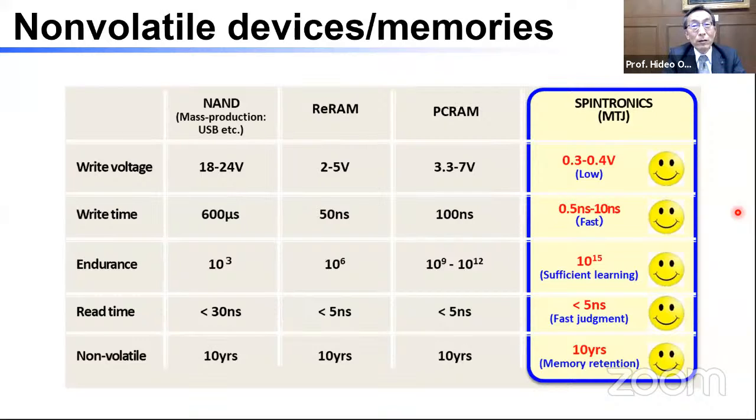And for endurance, we can rewrite it 10 to the 15 times or more, which is good for working with high-speed processors. So this spintronics non-volatile memory is currently the only known alternative for those DRAM and SRAM volatile working memories.